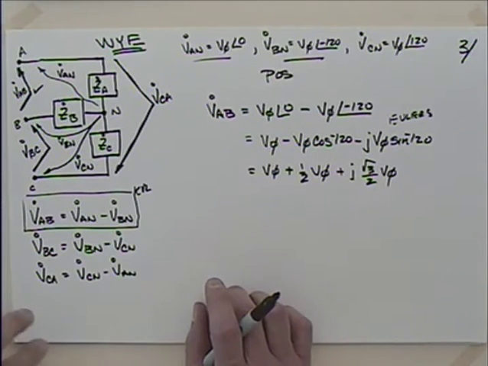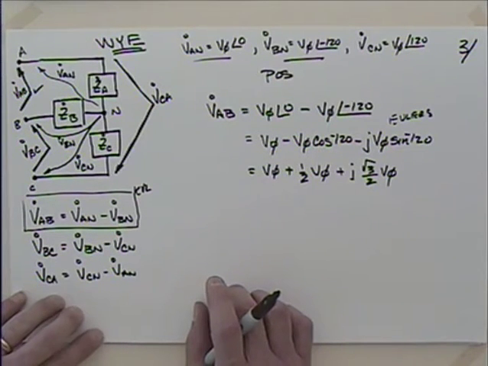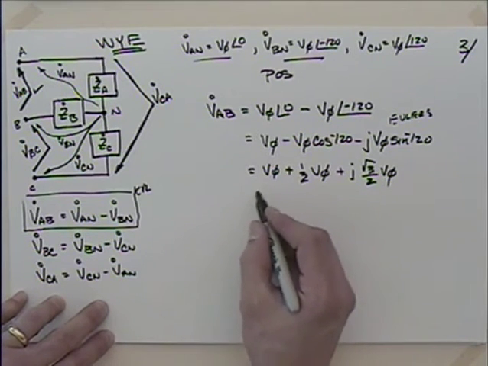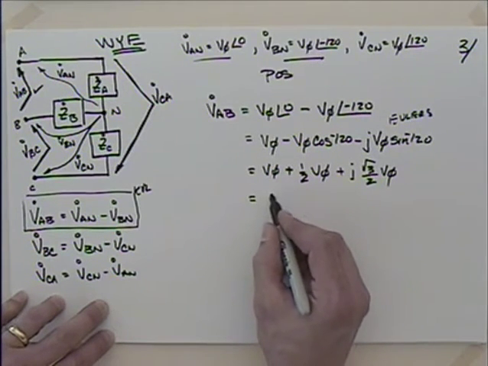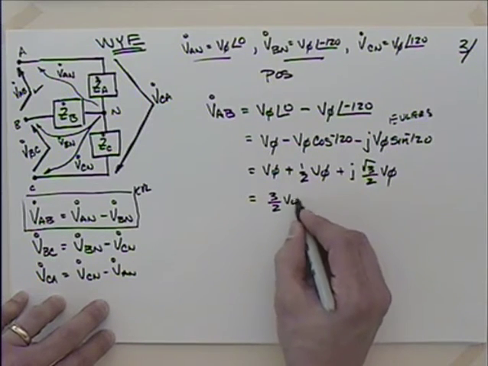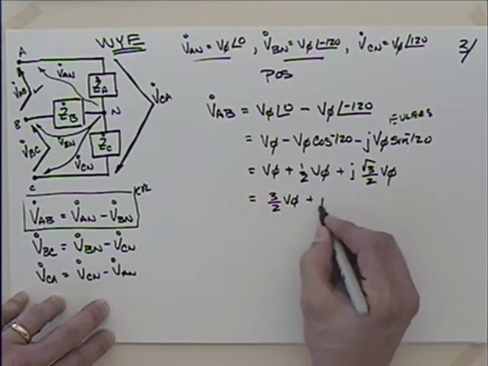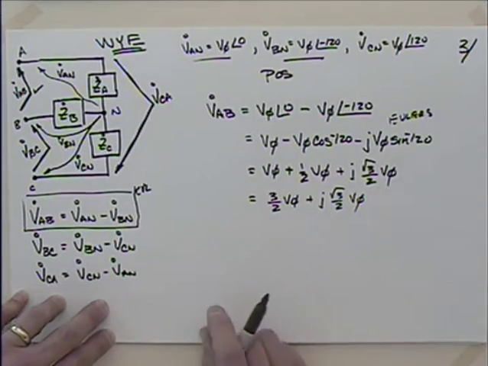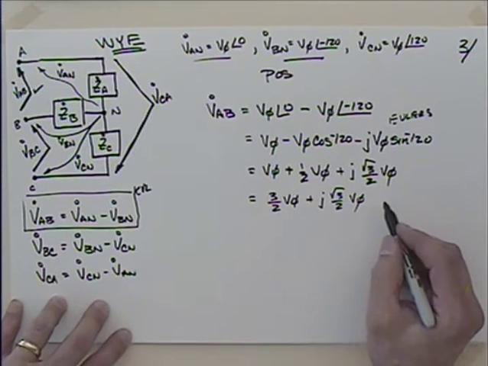So I could say then that this is really equal to, what's the magnitude going to be? I've got 3 halves, because 1 plus a half is 3 halves V phi plus j root 3 over 2 V phi, which I could write in magnitude angle form, right?